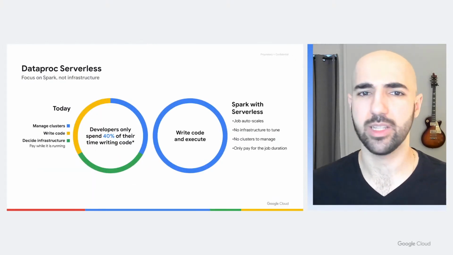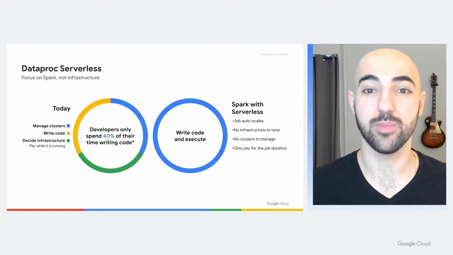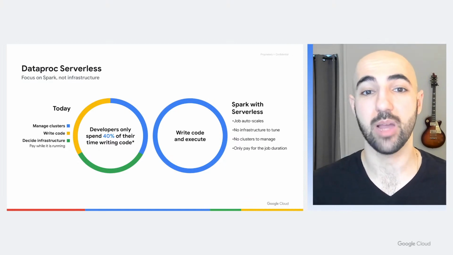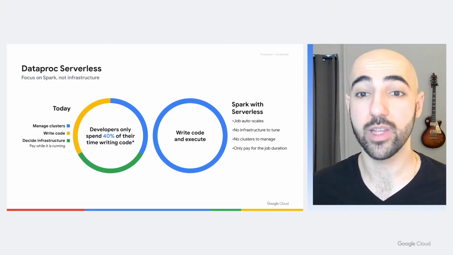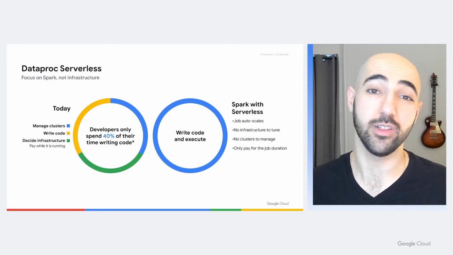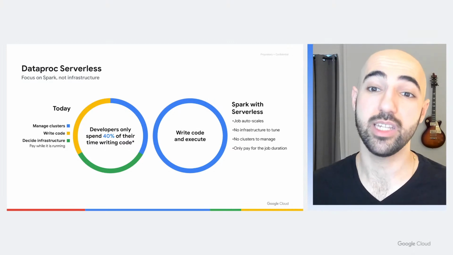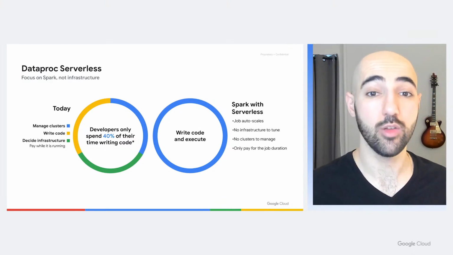Now, let's talk about serverless Spark and why it's important. Well, Spark developers spend approximately 40% of their time writing code, with the remaining 60% going into planning, provisioning, and managing infrastructure. Spark is an extremely powerful data processing tool, and one of the reasons for this is in the complexity of the number of parameters and knobs that you can tune.